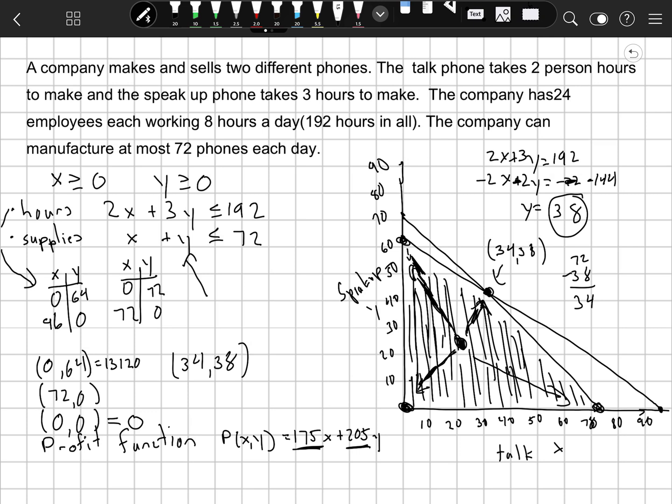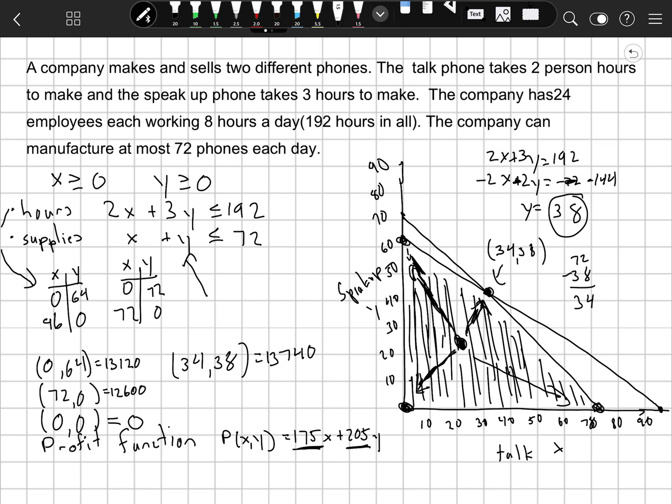And I'm getting 12,600. And finally, the last one, 175 times 34 plus 205 times 38, and I'm getting 13,740.